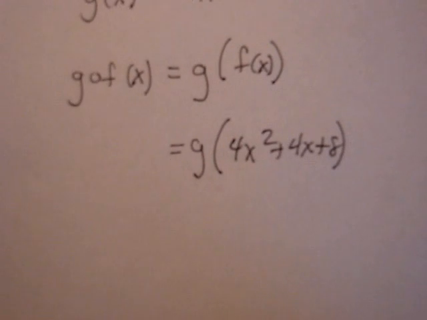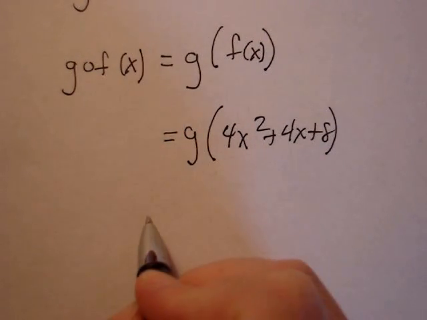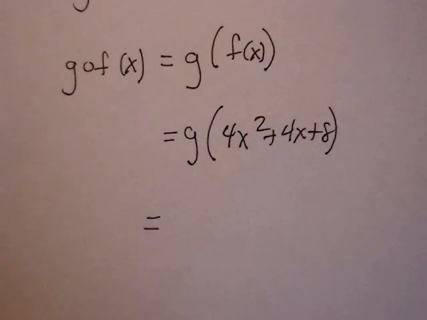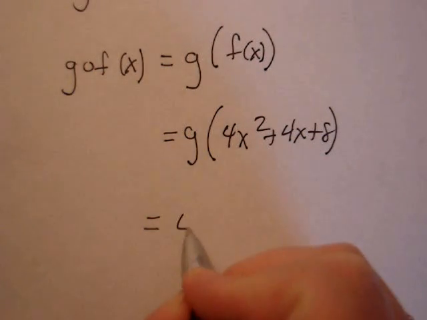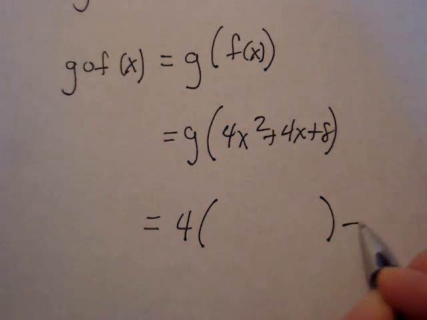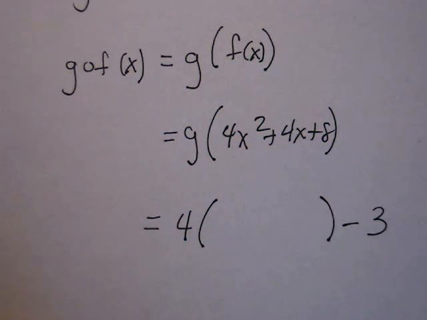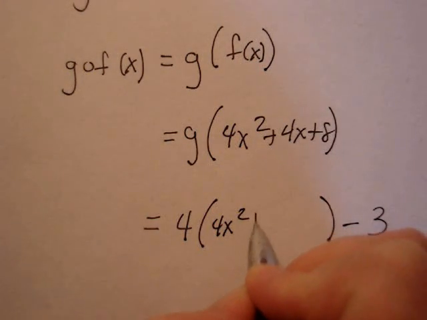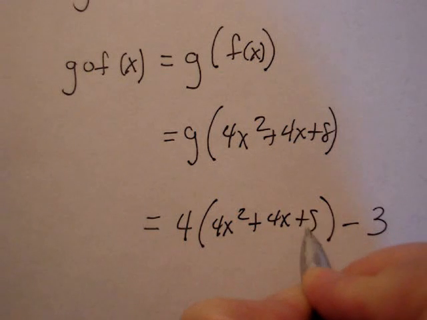Look back at g, and I'll read it to you as you're looking at it. g is saying, and we're going to say it in words, take 4 times your input value and then subtract 3. What's the input value? 4x squared plus 4x plus 8.